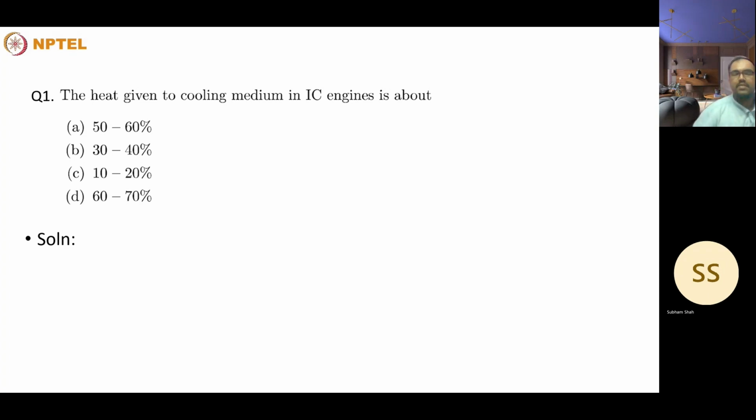So as we have seen in the previous lecture, the four main heat losses or the heat energy transfers which occur in IC engines will be mainly: the first one will be heat transfer to the cooling medium.